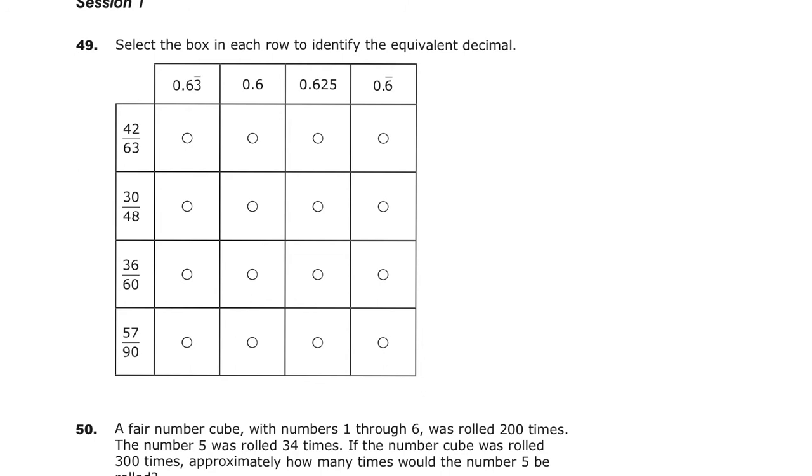49. This looked like a nice little boost of confidence problem. How do you change the fractions to decimals? Good. We're going to divide the numerators by the denominators on every single one of your questions.